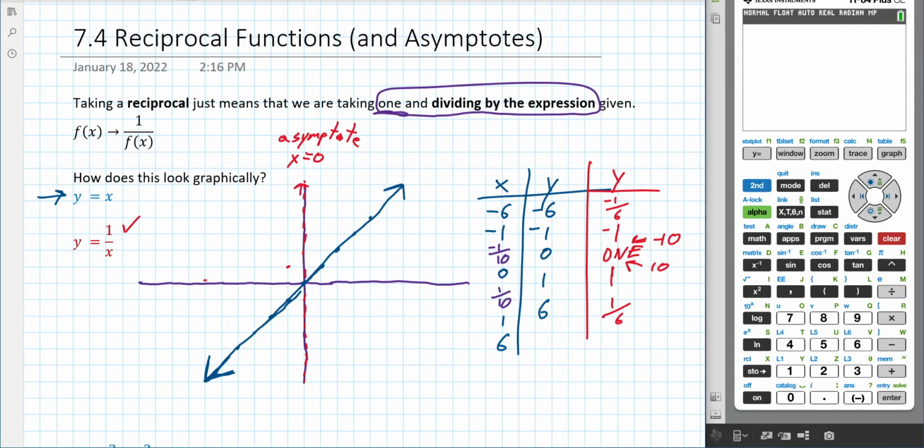So it goes something like this. Hopefully that works. Oh, actually, my bad. That's in the negatives, so it should be on the other side. So let's just fix that. It should be over here.